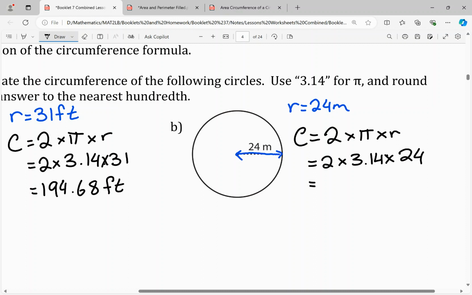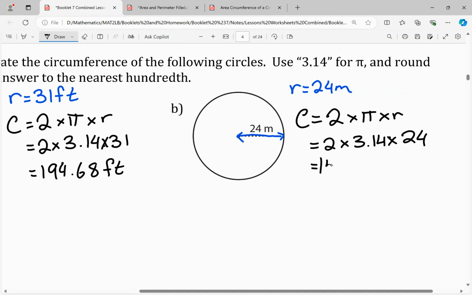Using a calculator, we get an answer of 150.72 meters. That's supposed to be an M for meters. Let me try that again. There we go.